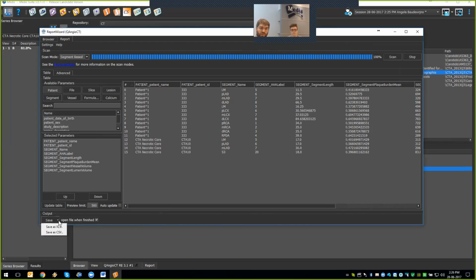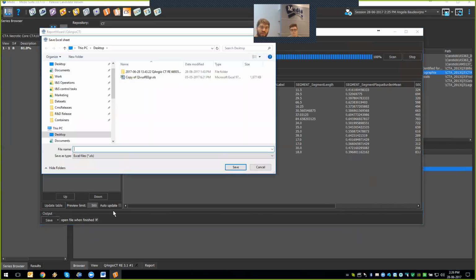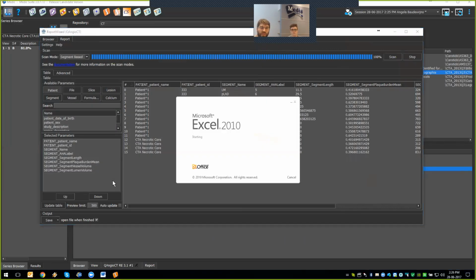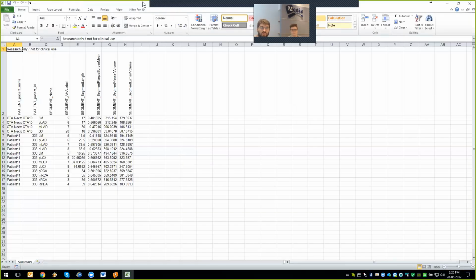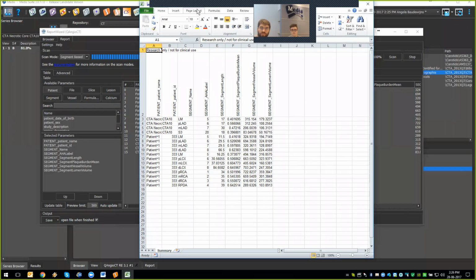And in the end, if you would like to export this to another tool, we can export it to an Excel sheet or something else, which could be used for later statistical analysis.